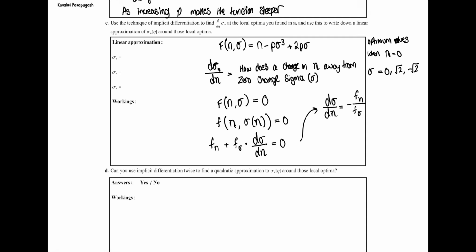If we work out the partial derivatives, starting with eta, we just get 1, and the partial derivative with respect to sigma would be minus 3 phi sigma squared plus 2 phi. So d sigma over d eta is equal to 1 over, well, minus 1 from this minus, over minus 3 phi sigma squared plus 2 phi, which can be rewritten as 1 over 2 phi minus 3 sigma squared.